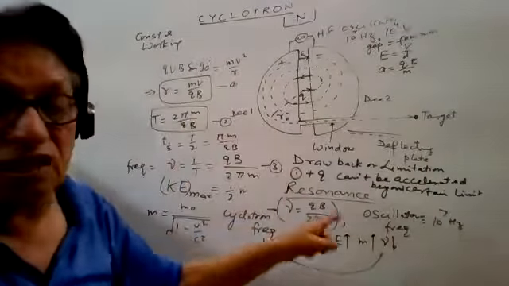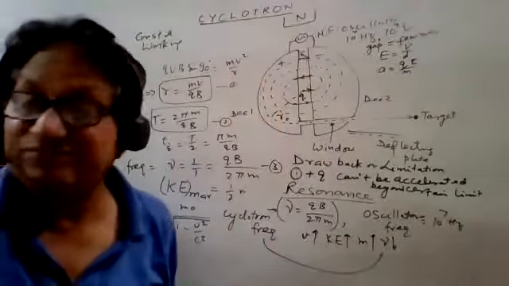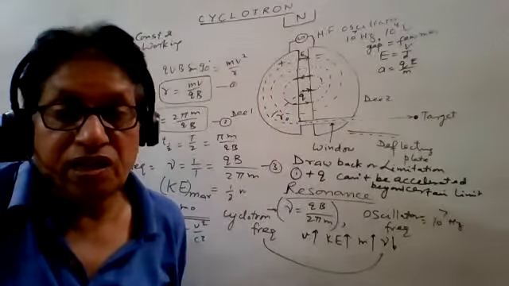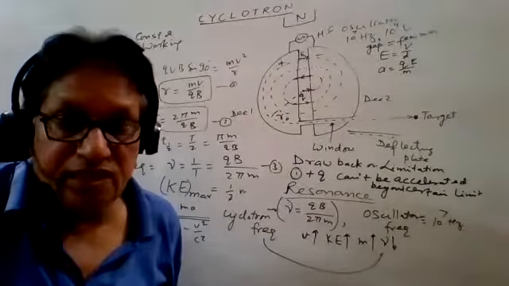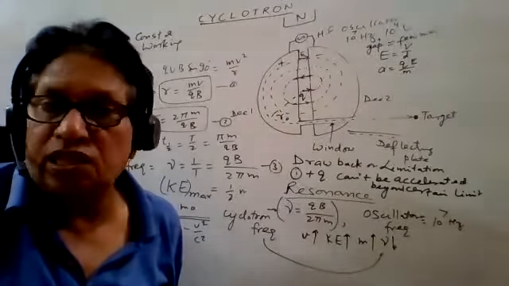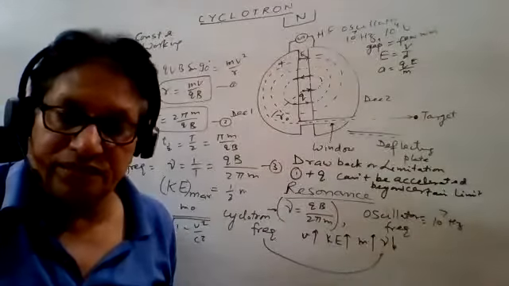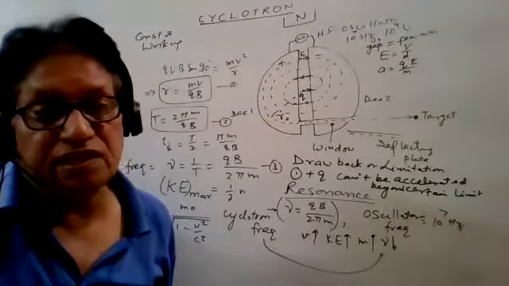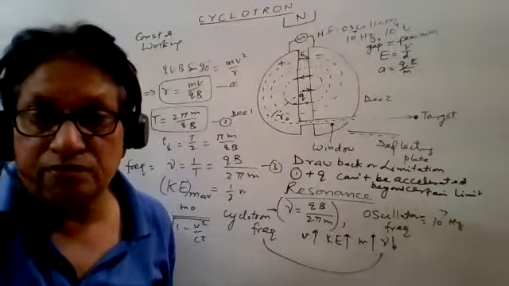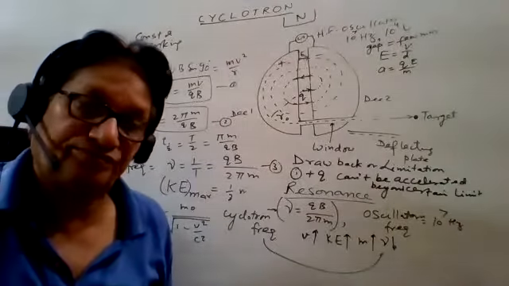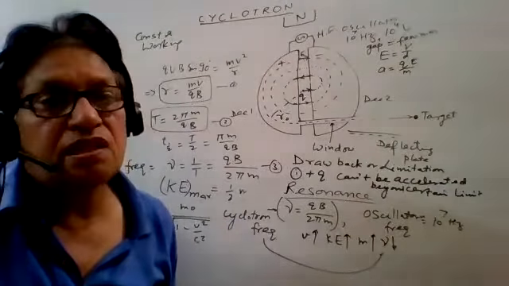But in the cyclotron, speed cannot be increased indefinitely. That is why the electron is not suitable in the cyclotron. Suitable charged particles are proton, which is small and heavy, deuteron and alpha particles. But here also we cannot increase the energy beyond a certain limit. So this is all about the cyclotron.